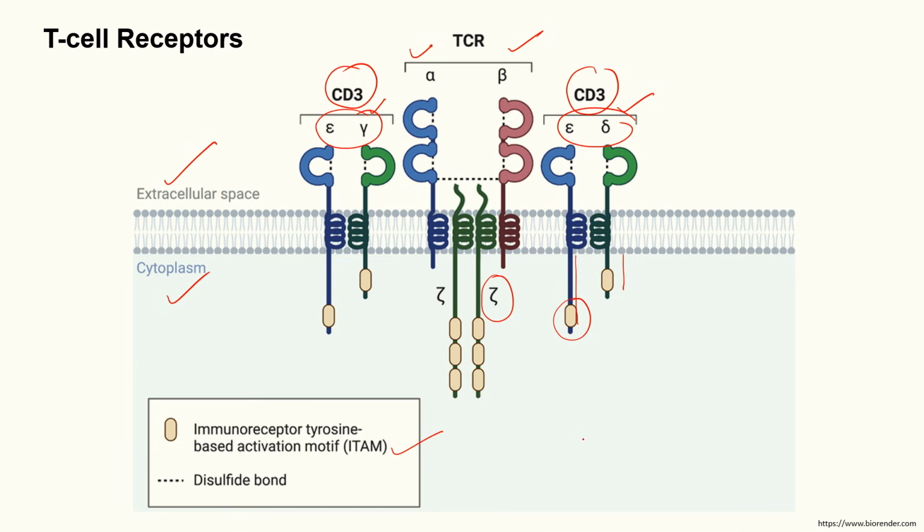Because of this phosphorylation, these get activated, eventually leading to a further downstream signaling cascade altogether. So this is roughly about the T cell receptor and some of the proteins present on the cell surface of the T cell. And again, these are all transmembrane domains, spanning and high in hydrophobic amino acids.